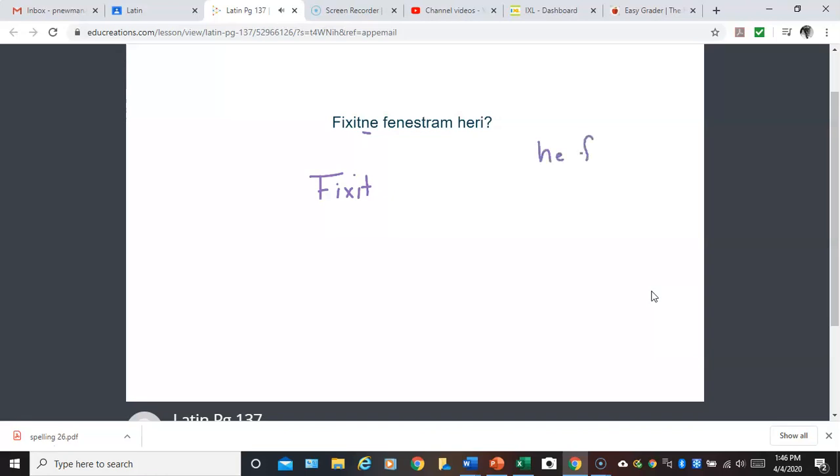He fixed. Now, we can also write that, meaning the exact same thing, he did fix. And if we write he did fix, I can put the did right in front and turn this into a question. Did he fix? So fixit, or fixit ne, did he fix? And then fenestram heri.